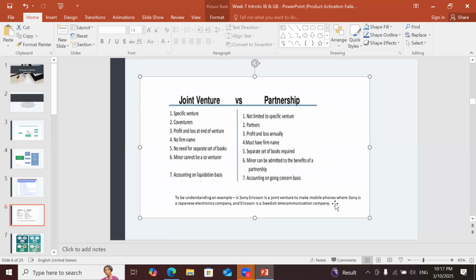They jointly try to make an electronic device. Okay, this is another criterion that distinguishes joint venture from partnership.